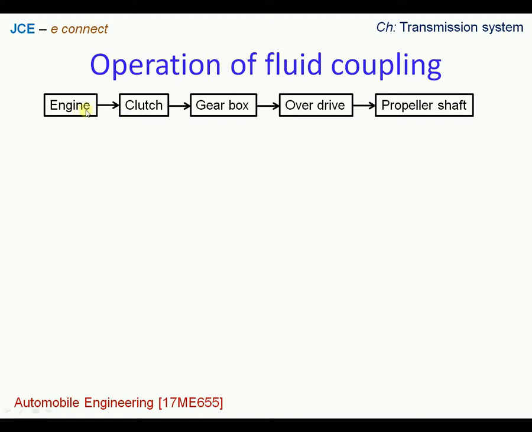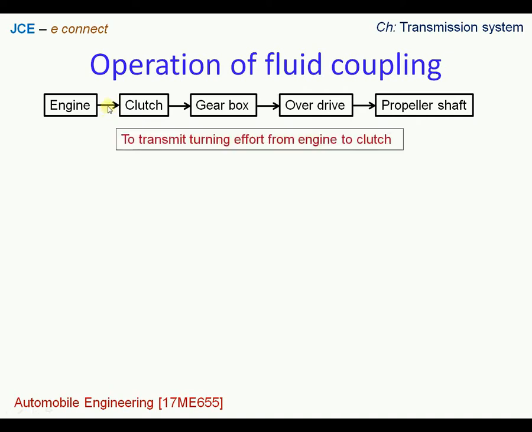In between the engine and clutch we have the fluid coupling, and the purpose of using the fluid coupling is to transmit turning effort from the engine to the clutch.